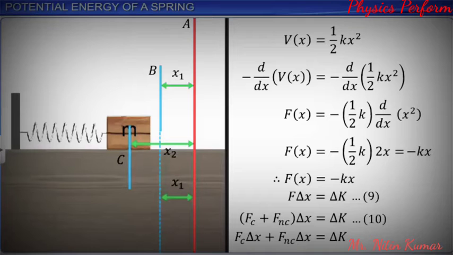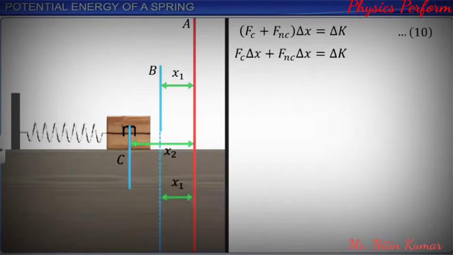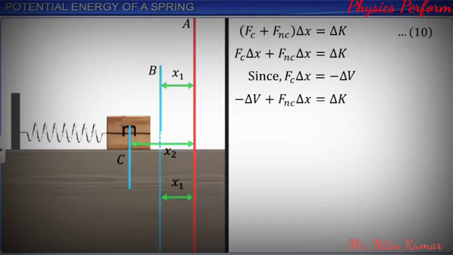Since Fc Δx is equal to minus ΔV in equation 10, we get minus ΔV plus Fnc Δx equal to ΔK. Let this be equation 11. We have Fnc Δx equal to Δ of (K plus V). Let this be equation 12.